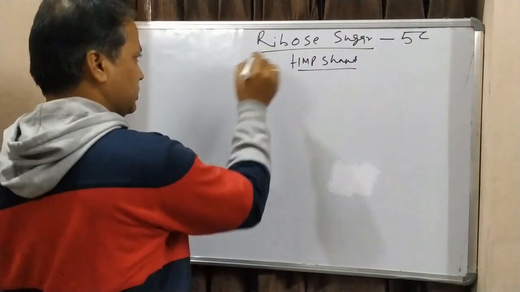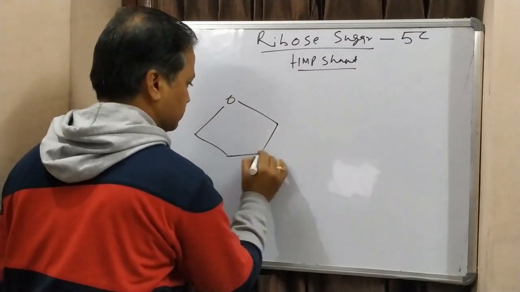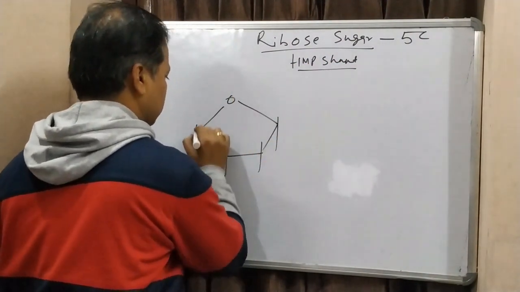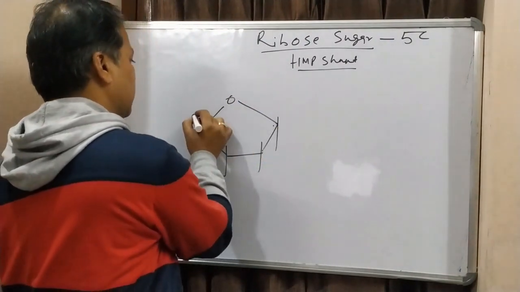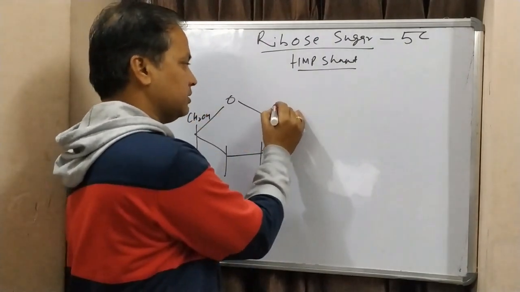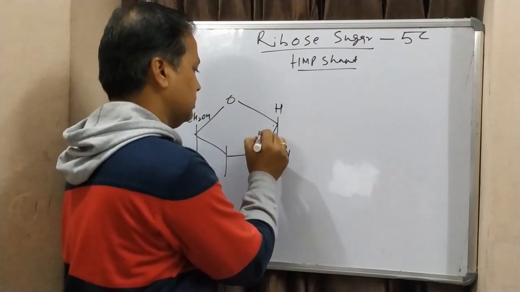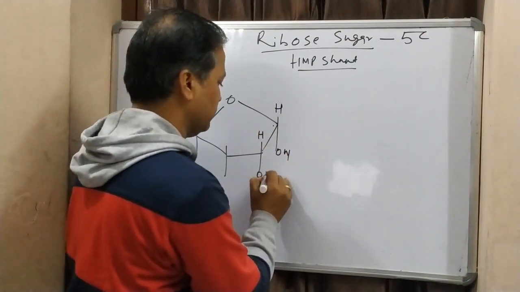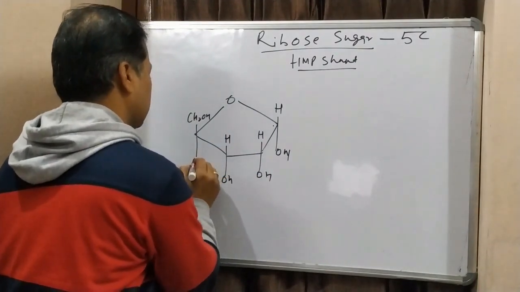It exists in this form: carbon number 1, 2, 3, 4 and CH2OH. At these places we have H, OH, H, OH, H, OH and H.